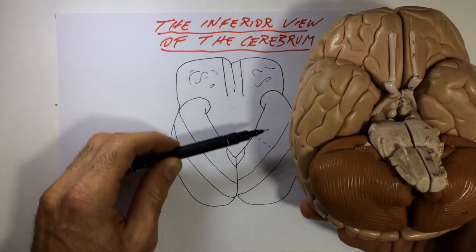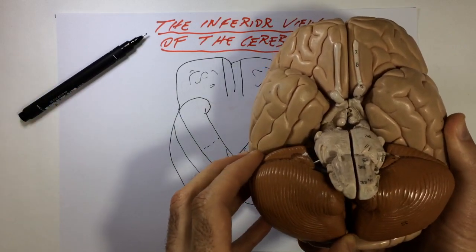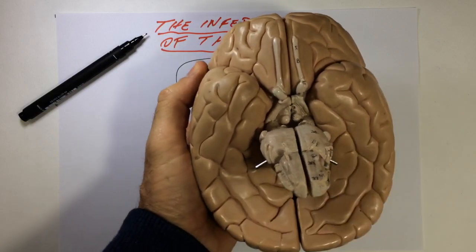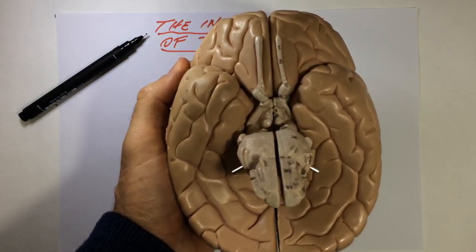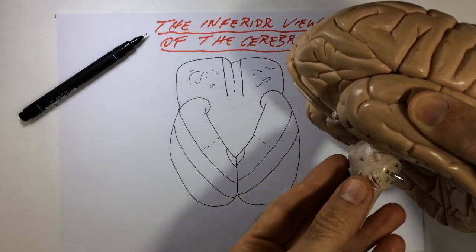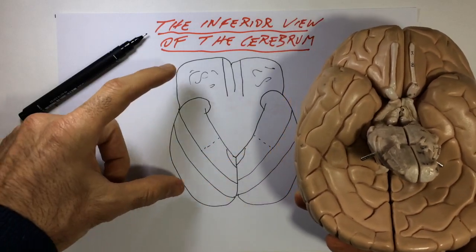So for us to get to this drawing, what we gotta do is remove the cerebellum. That's what I'm gonna do now. Remove the cerebellum and also the brainstem, that is this structure here, and then we're gonna get to this drawing.